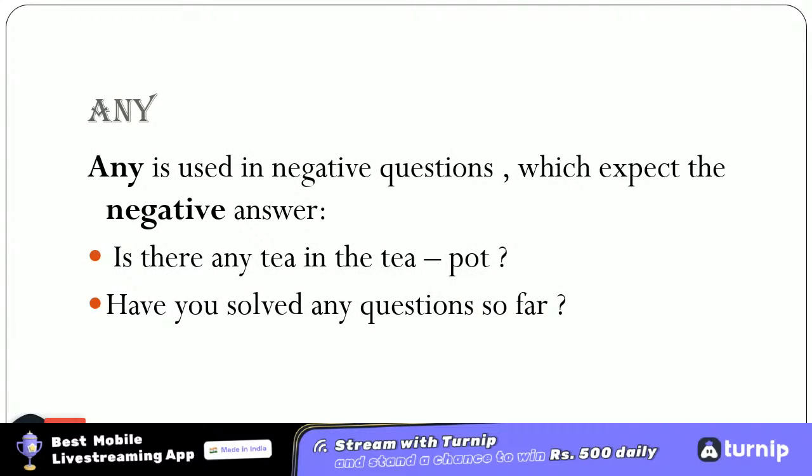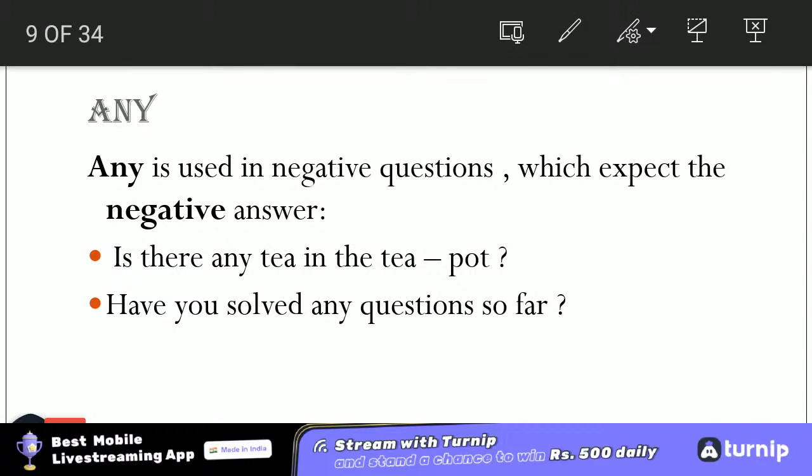Okay, now the opposite of some is any in case of determiners. Where some was used in affirmative sentences, we will talk about any. Any is always used in negative questions which accept the negative answers. Is there any tea in the teapot? We are asking a question, and the answer is no, there isn't.